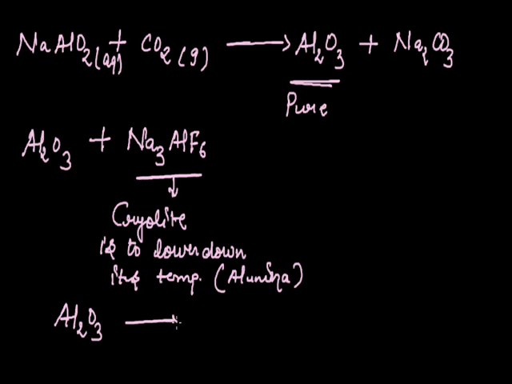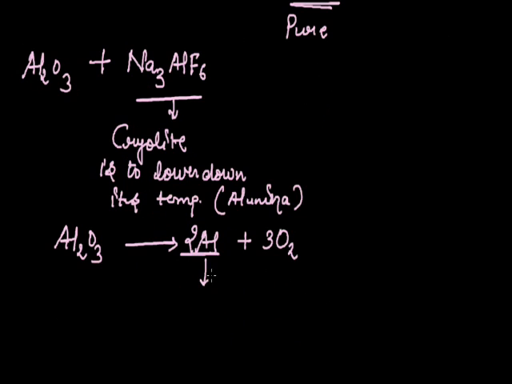This aluminium oxide gets reduced into aluminium plus oxygen, and thus aluminium metal gets deposited at the cathode, because the reduction of the metal takes place, and here oxygen gets deposited at the anode, because here the oxidation of the non-metal takes place, whereas the reduction of the metal takes place, as we have to extract the aluminium from the impure bauxite.